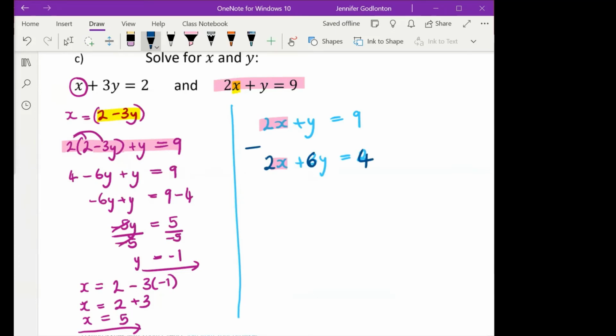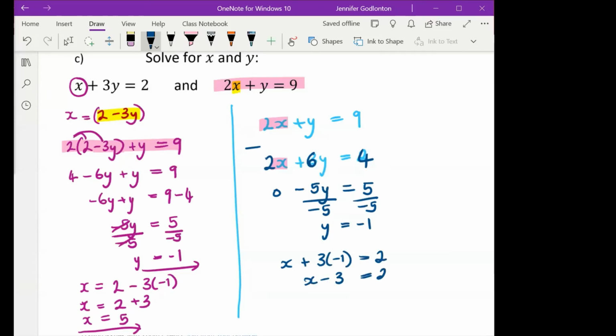Well done, CM Tanda. 2x minus 2x is 0. y minus 6y is -5y. 9 minus 4 is 5. Divide by -5 on both sides. y is equal to -1. Substitute it back in. x plus 3 times -1 equals 2, which means x minus 3 equals 2. So x equals 2 plus 3, which means x is equal to 5. And we get to the same place.